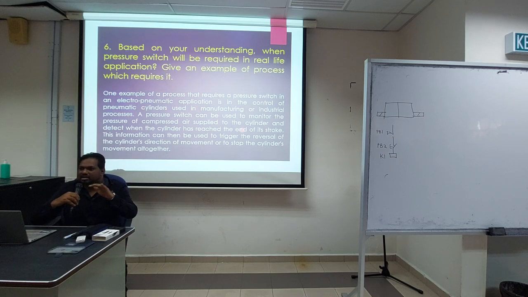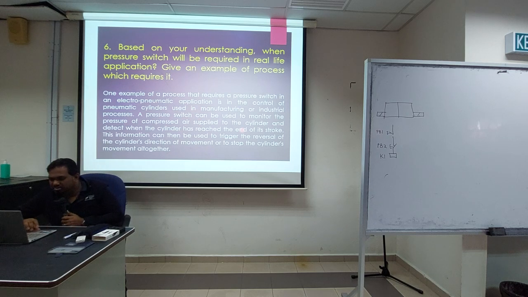Dia akan ada satu threshold value yang you boleh set. So dia macam ada macam knob lah untuk you control. So kalau lagi ketat you tutup the knob, so meaning it will be lesser pressure lah. So meaning 5 bar. So sampai je 5 bar, terus dia akan hantar signal untuk on the circuit. So that is the pressure switch.